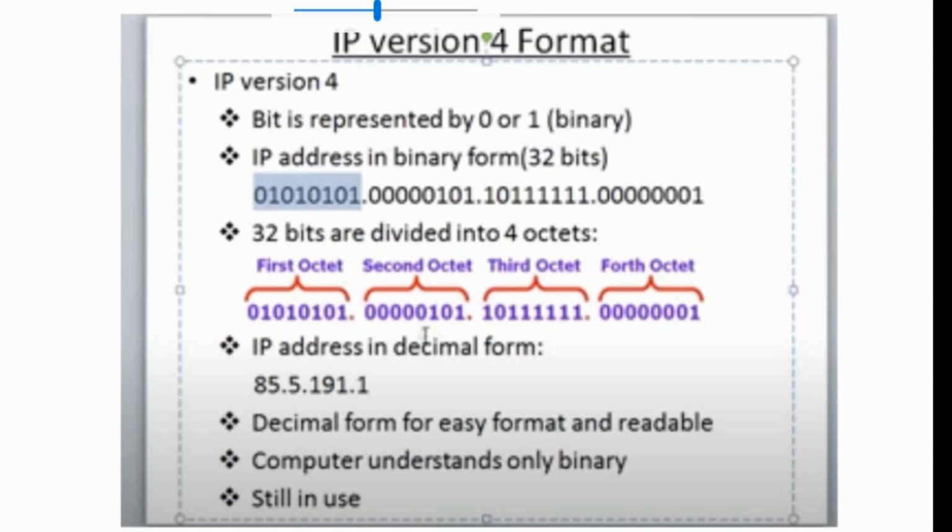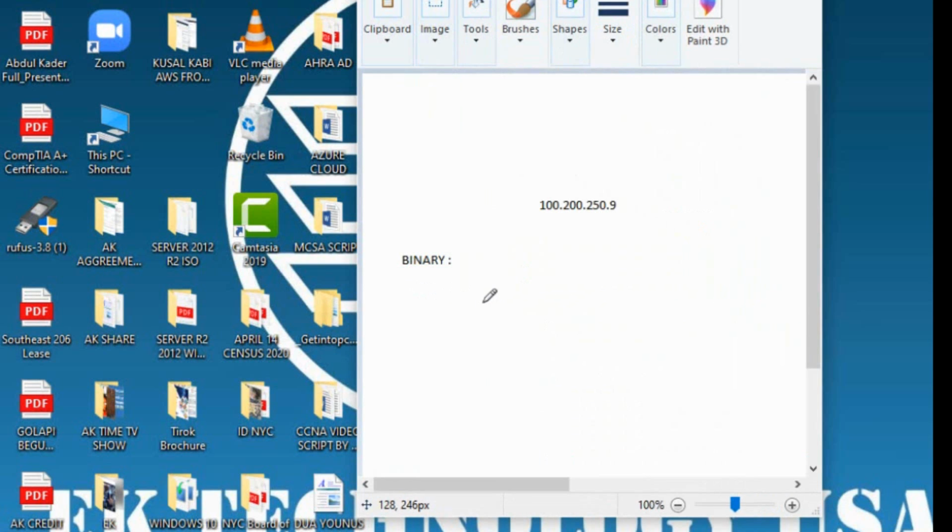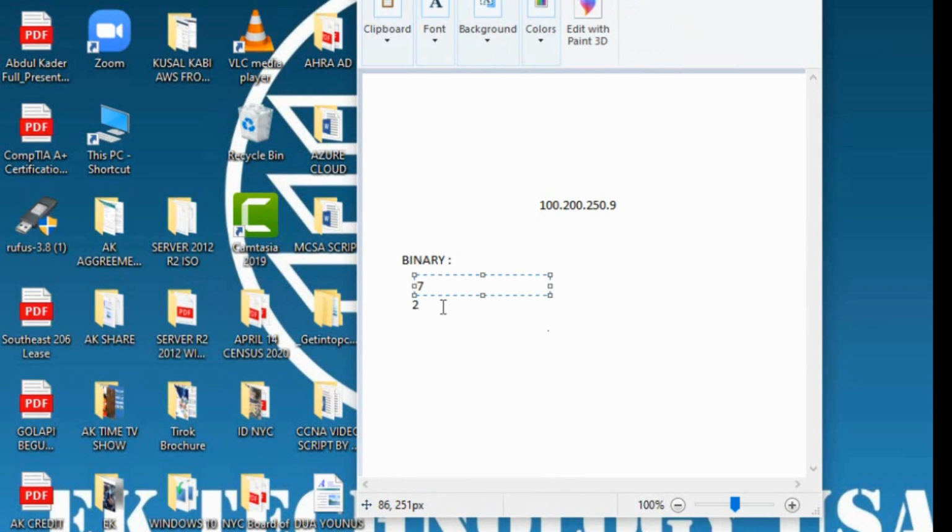This formula works for converting decimal, like 100, 200, 250, to binary.